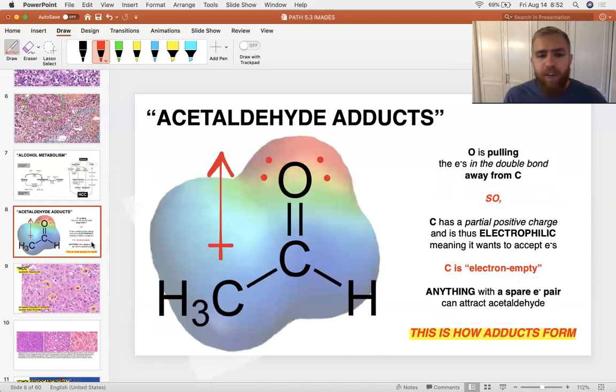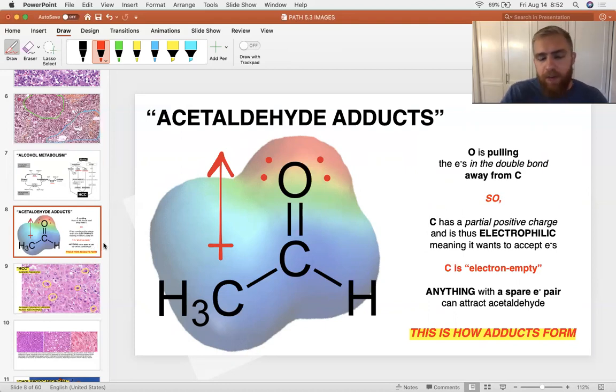And so aldehyde is able to form adducts with proteins because it's got a very electron-sparse region on that alpha carbon, on that carbonyl. When we're looking at that carbon-oxygen double bond, all of the electrons are at the oxygen essentially because that oxygen is more electronegative, and so it's pulling them away from that carbon.